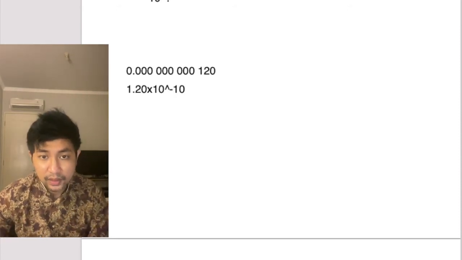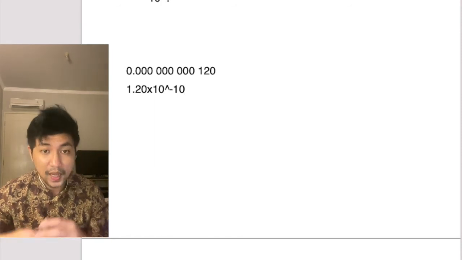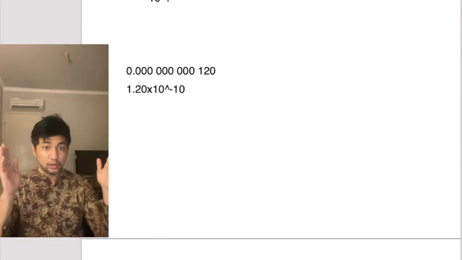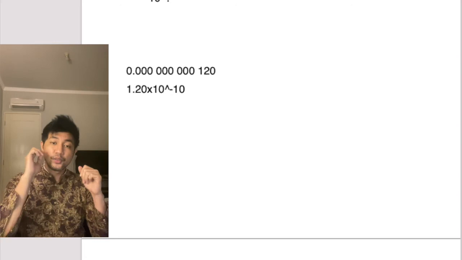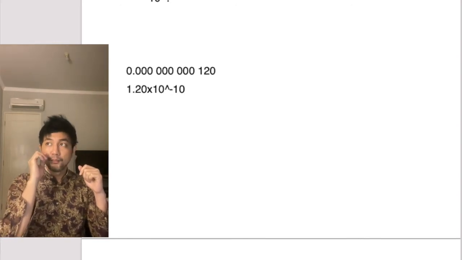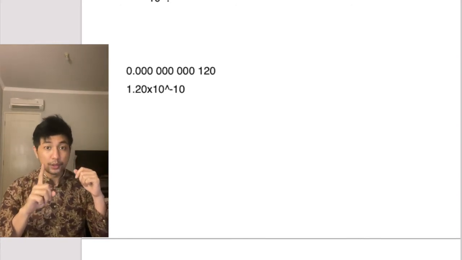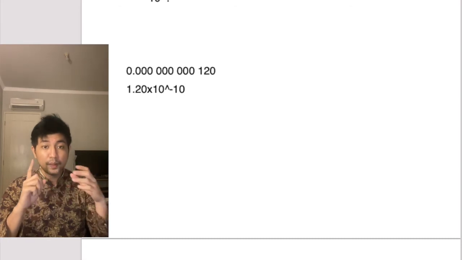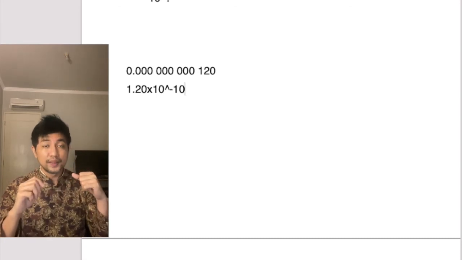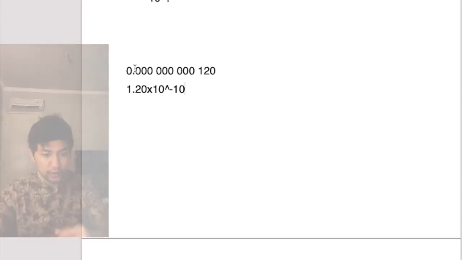It's negative 10, because I moved the decimal point from the left to the right, so I'm using a negative exponent. If the number is more than 1, you use a positive exponent, and if you are dealing with a small number less than 1, you use a negative exponent.